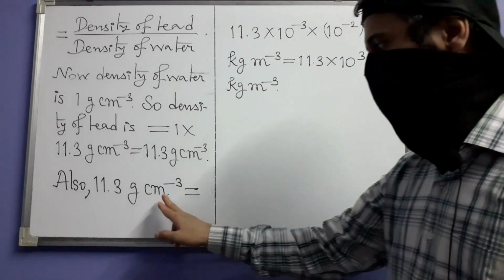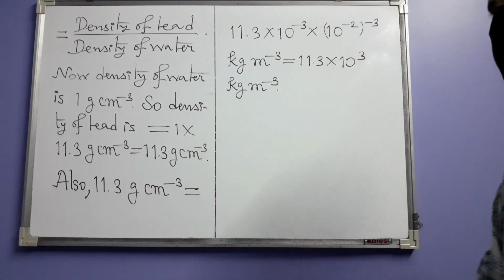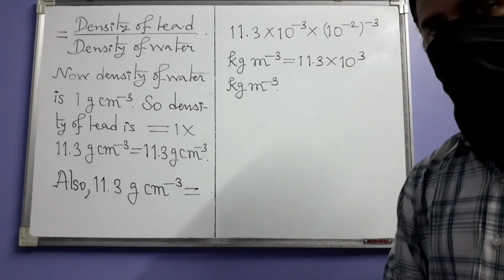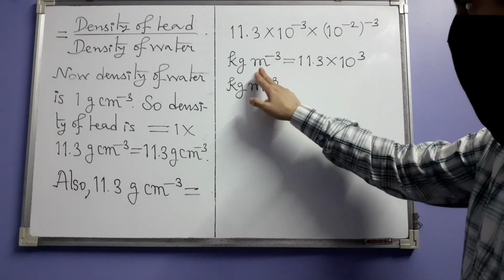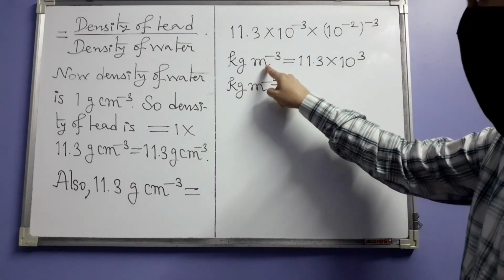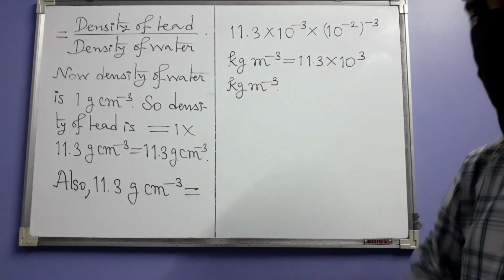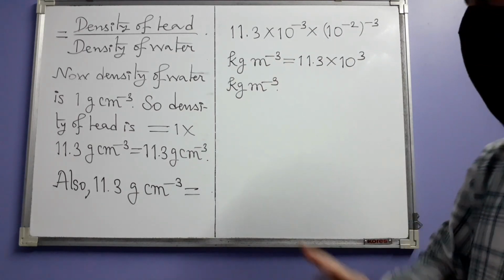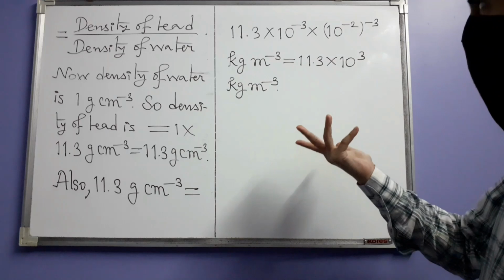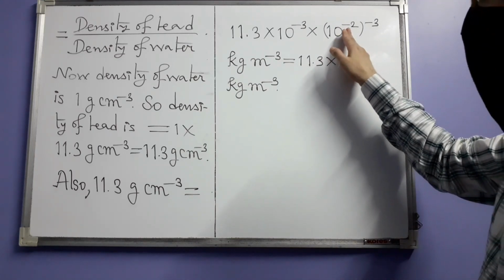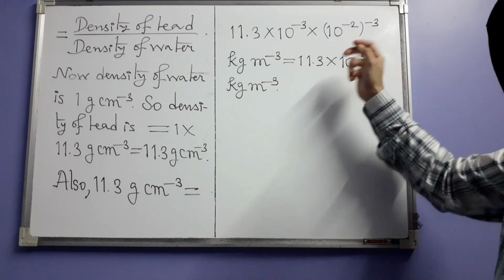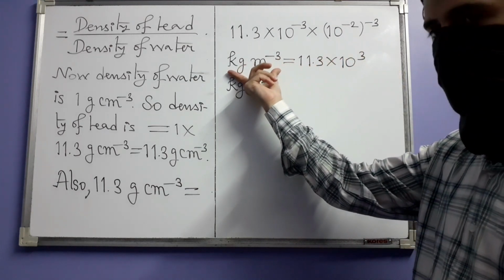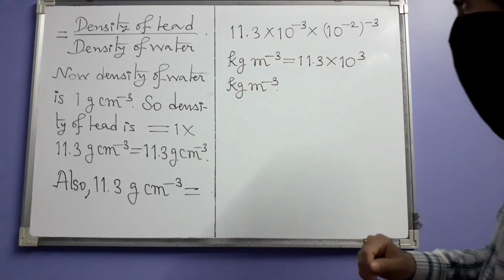And then how do you change centimeter to meter? 100 centimeters equal 1 meter. So here also, because we are going from a smaller unit to a larger unit, we divide to keep the balance. That means you divide by 100, so 10 to the power minus 2, but originally it was to the power minus 3, so you keep that, and now the unit is kilogram per cubic meter.